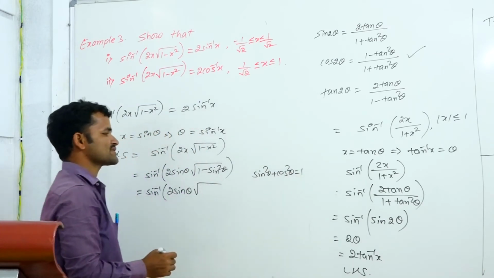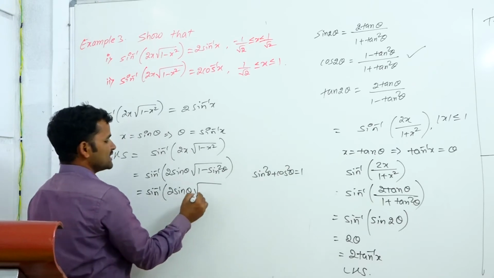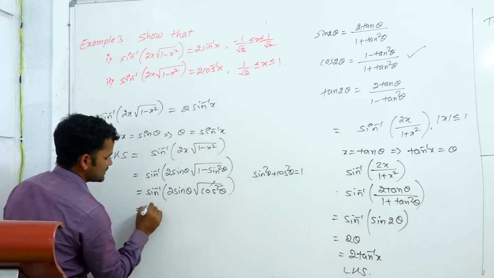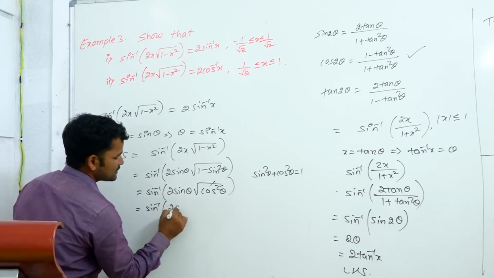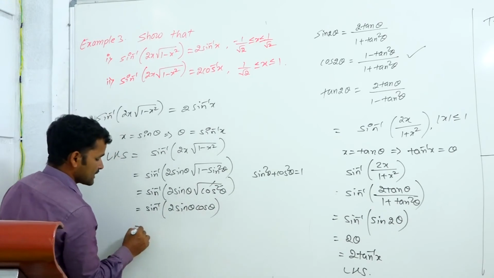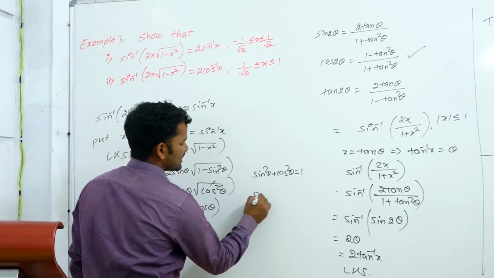Sine square theta plus cos square theta is equal to 1. 1 minus sine square is nothing but cos square. Square and square root get cancelled. Sine inverse of 2 times sine theta into cos theta here. And sine inverse of, we know the sine 2 theta formula.